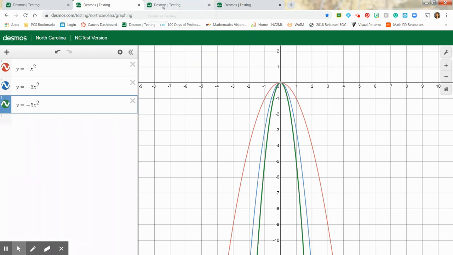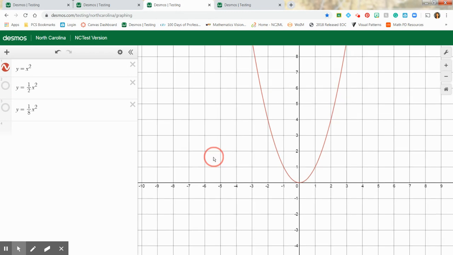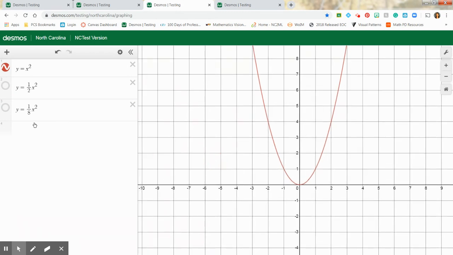So this is if I have larger coefficients. Now I'm going to look at what happens if I make my coefficient a fraction. So if a larger number made my parabola skinnier, fractions do the opposite. Fractions make my parabola wider.